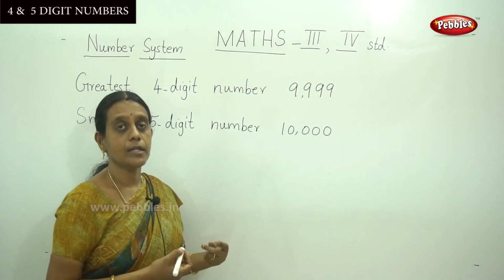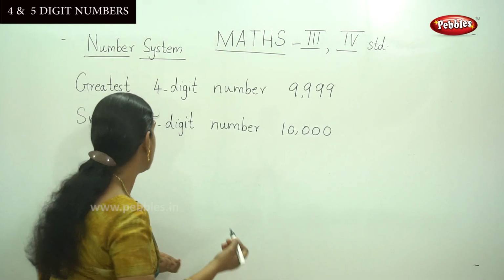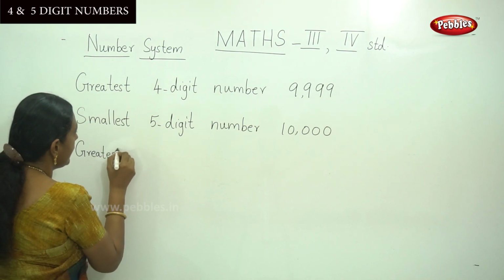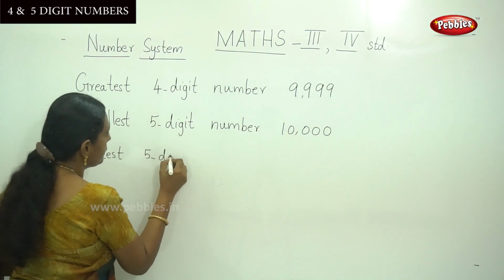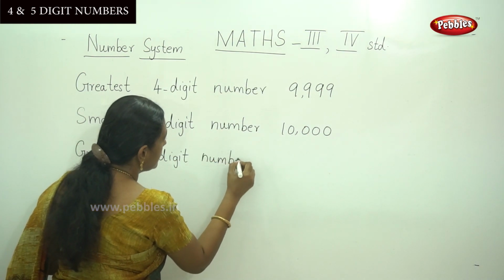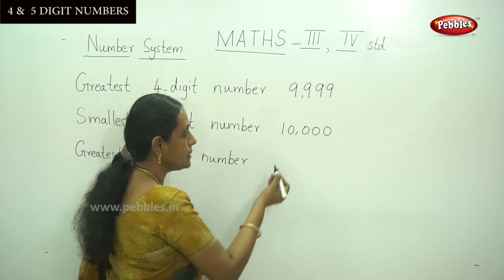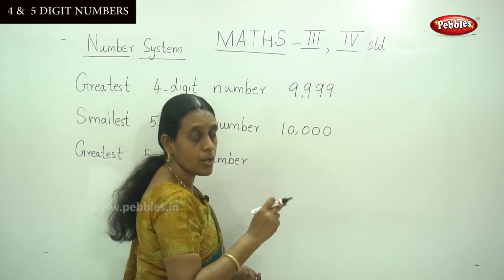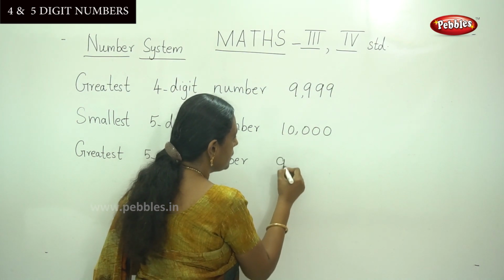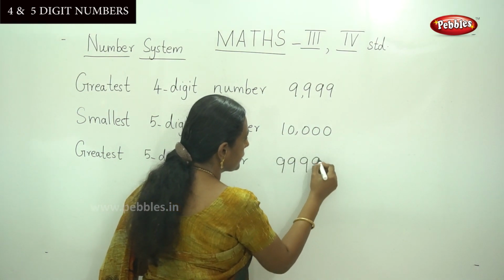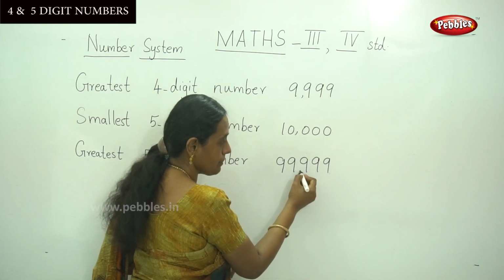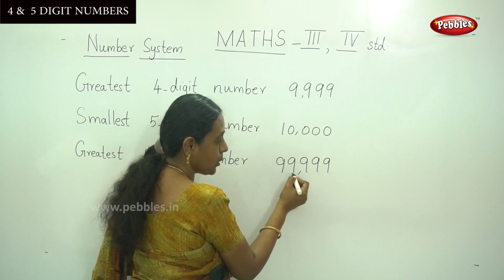Similarly, the greatest 5-digit number. How do you write it? You have to write 5 nines. Put a comma here: ones, tens, hundreds, you separate with a comma, and 1,000, 10,000.